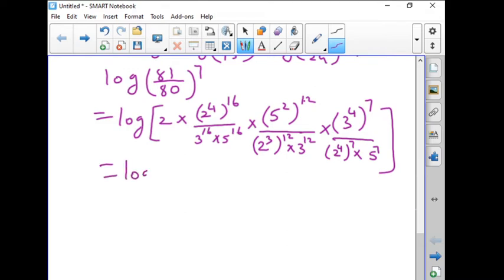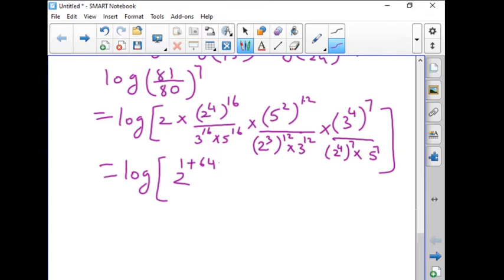So, this is equal to log of 2 into, okay, we'll write 2 power, we are going to combine all the terms. So, 2 power, first term is 1, then plus, so when bases are equal we add the index or the power. 4 into 16, 64 plus 64, then see the denominator, 2 power 3 power 12, so that is 2 power 36.